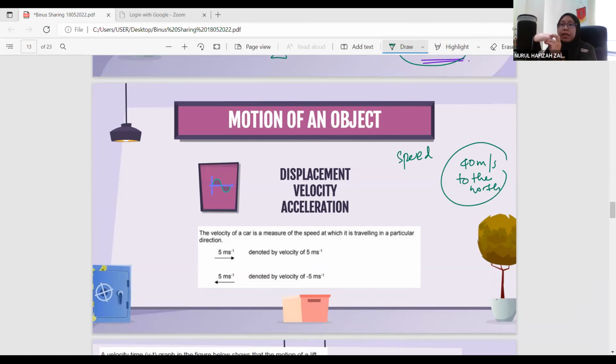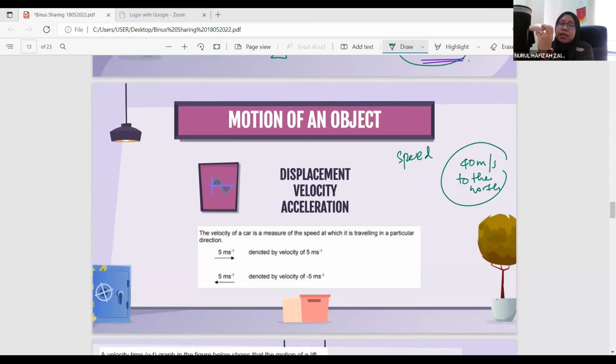Let's say the final position is up here, so it is positive. Let's say this is 10 centimeters. This is the initial position and this is the final position, so we can say the displacement is positive 10 centimeters.